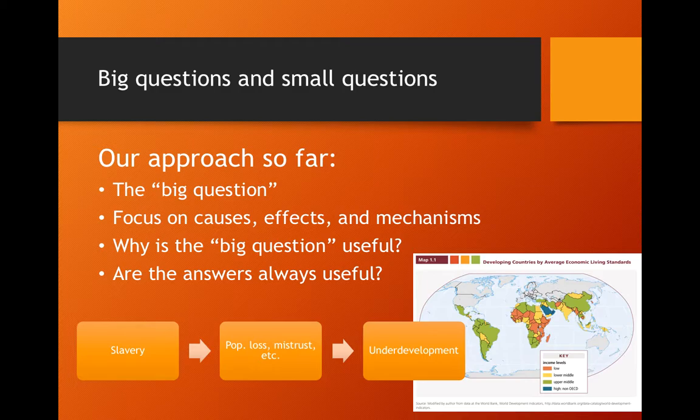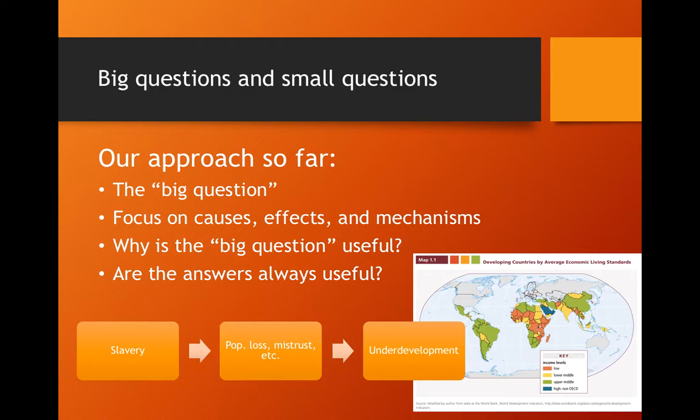But are the answers always useful? So think back to when we looked at the natural world and geography. If it's something like the presence of certain plant and animal species thousands and thousands of years ago that causes the patterns of development that we see today, that may not be very useful because we can't change that past, right?